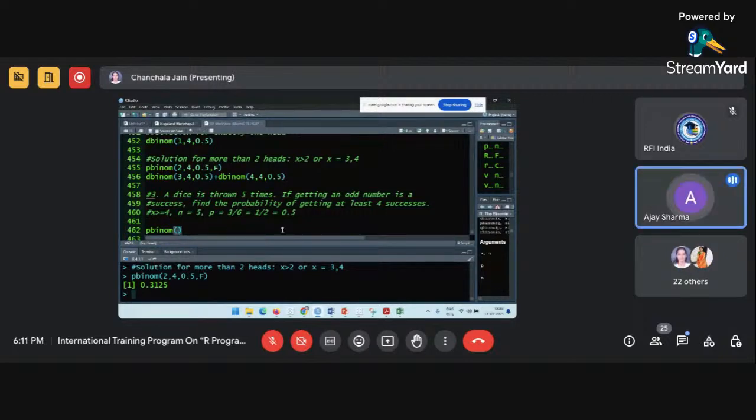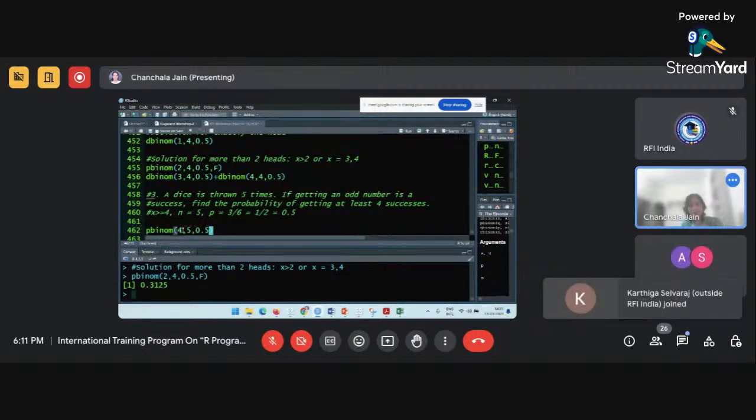So 5 maybe? No, 4, I think. There is some confusion about it. Okay, you go ahead, ma'am. 4, 5, 0.5. Then anything else, or may I press enter? You should write false here. False. Is it okay?